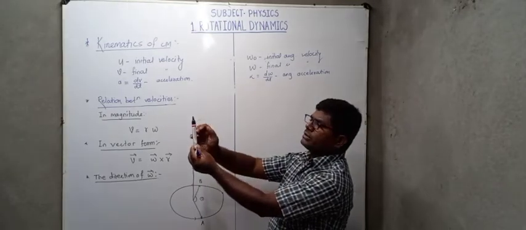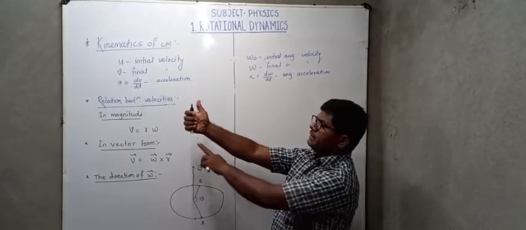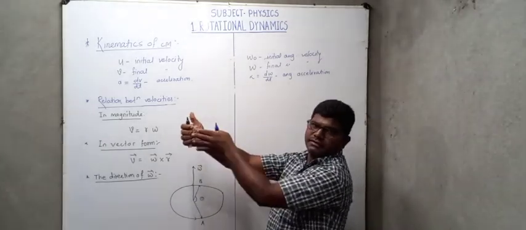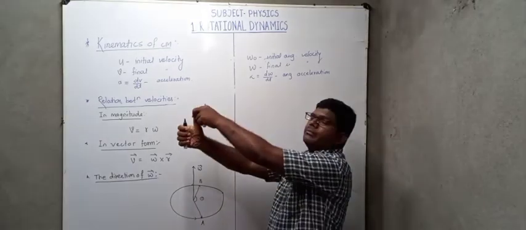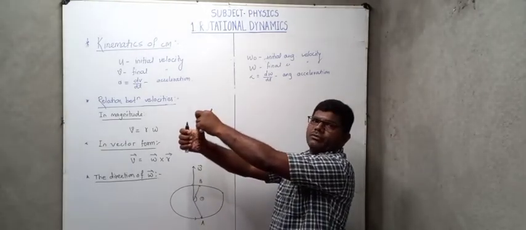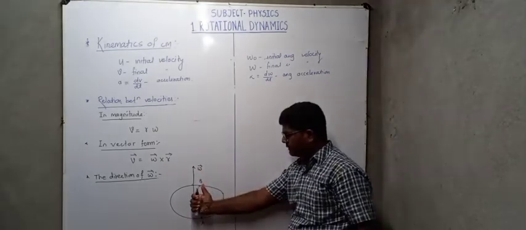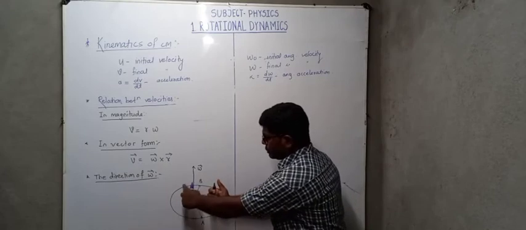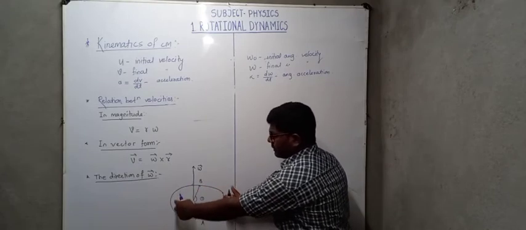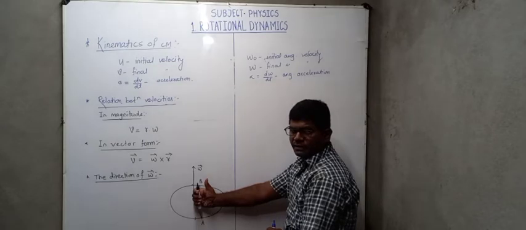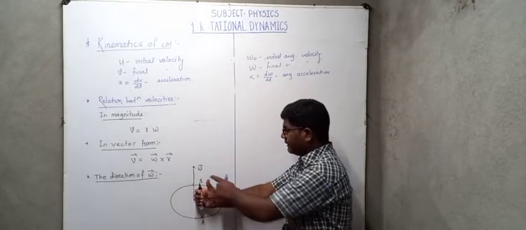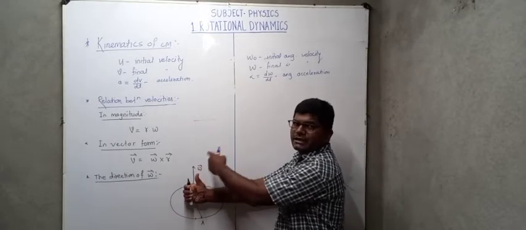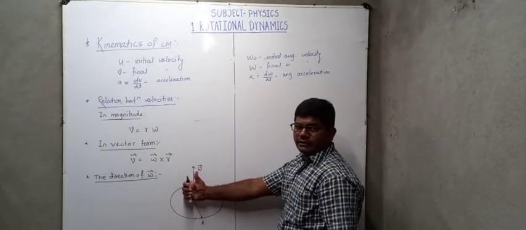The axis of rotation is held in your right hand, the fingers are curled around it, and the thumb is outstretched. These curled fingers give the direction of the particle performing circular motion. Then the outstretched thumb gives the direction of the angular velocity vector.